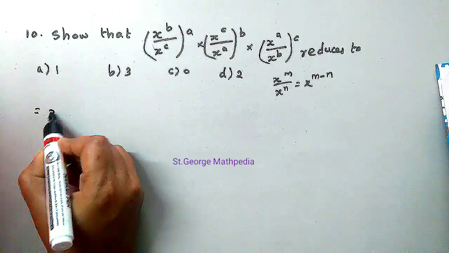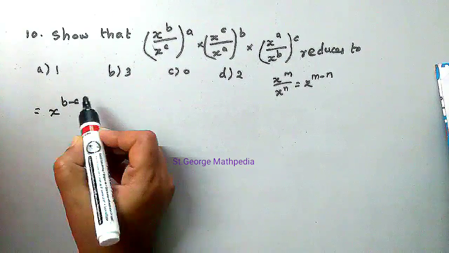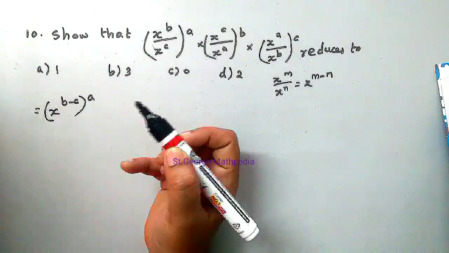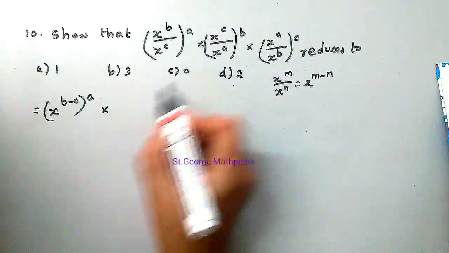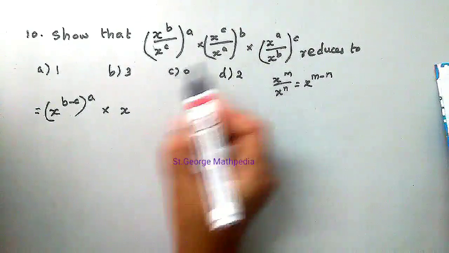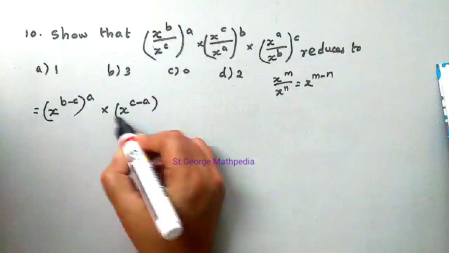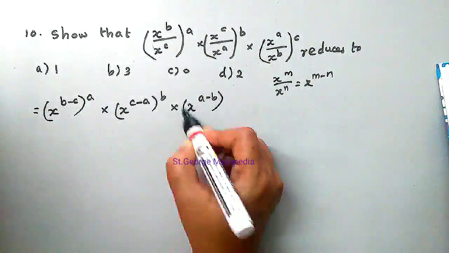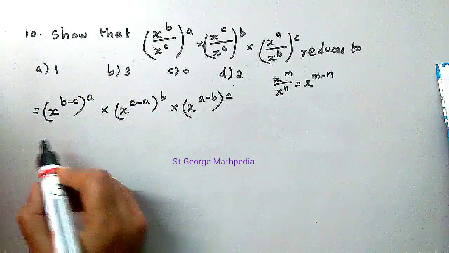You can write this as (x^(b-c)) whole to the power a, into (x^(c-a)) whole power b, into (x^(a-b)) whole to the power c.